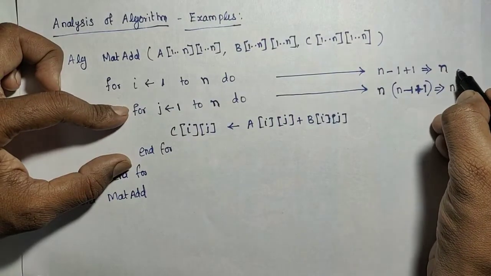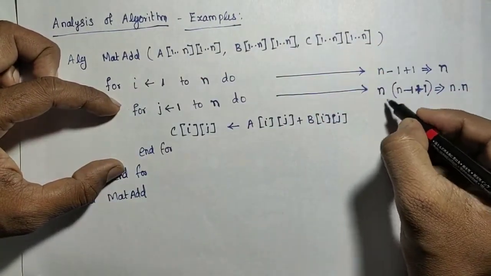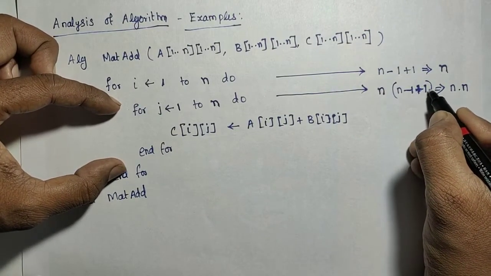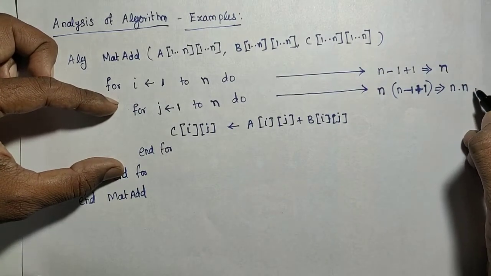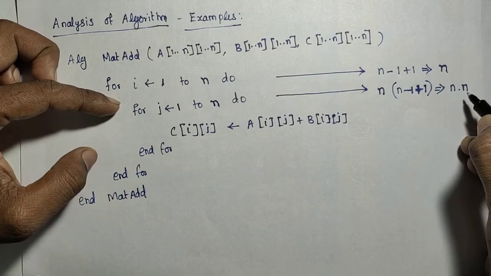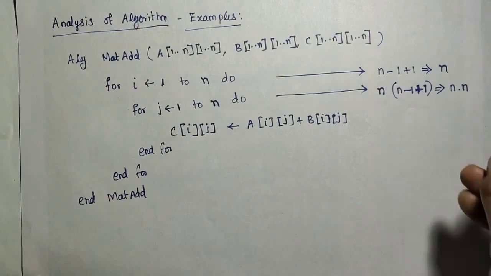So if it is n plus 1, this is going to be executed n times. Here there is no change, but here it is n minus 1 plus 1 and plus 1. So we need to write n into n plus 1. That is the comparisons.